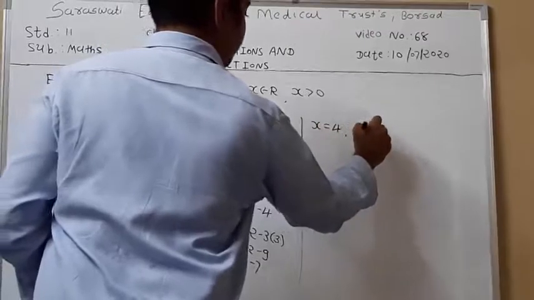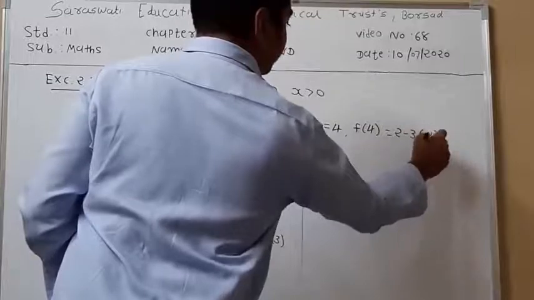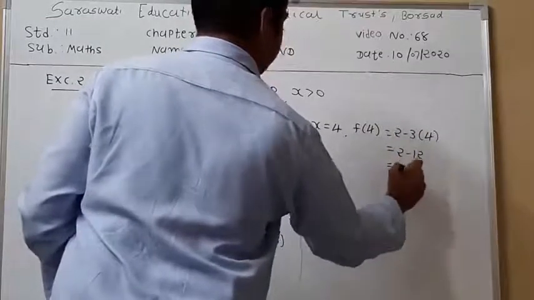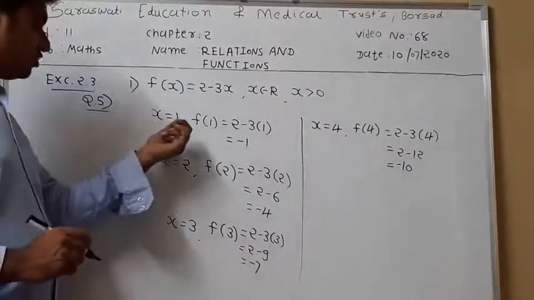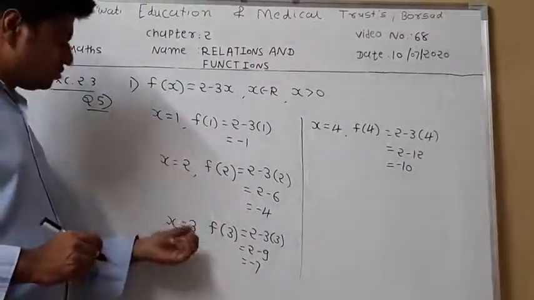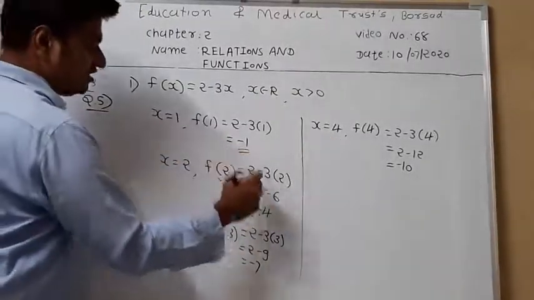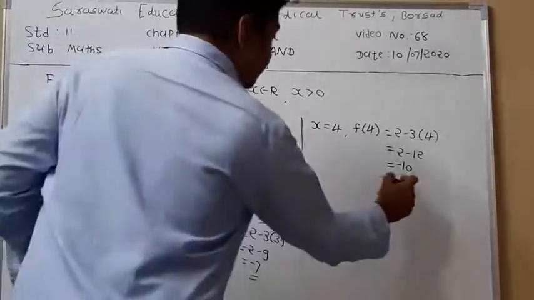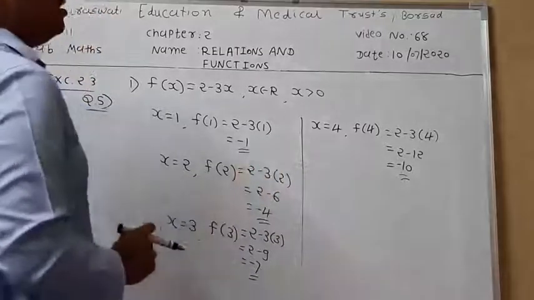So f of 4 is equal to 2 minus 3 into 4, so 2 minus 12, that means minus 10. Now we can substitute positive values, right? But our range is in negative form. See here: minus 1, minus 4, minus 7, minus 10.